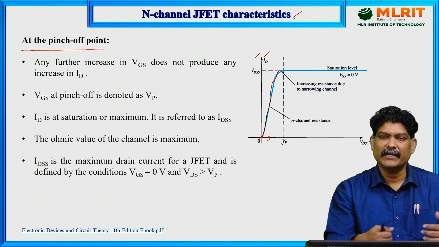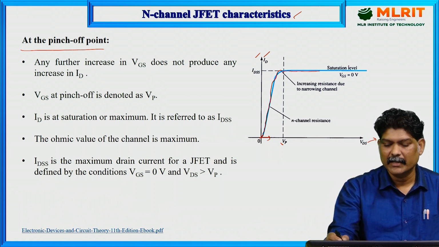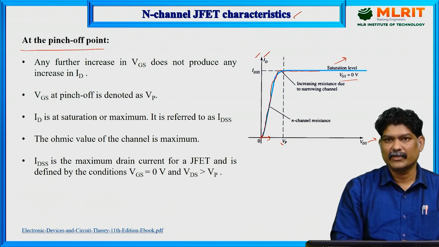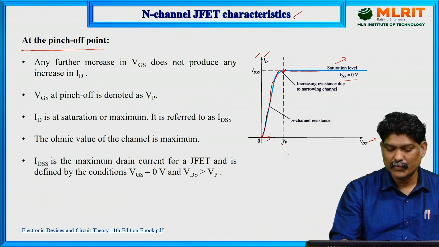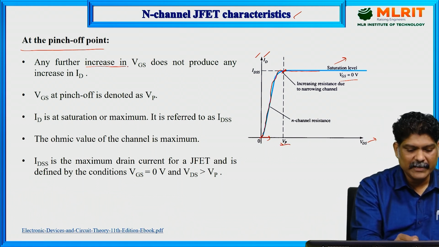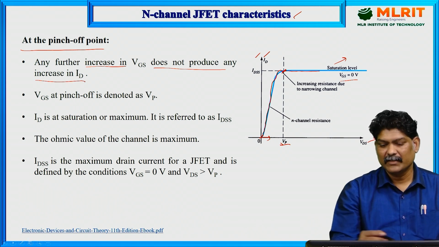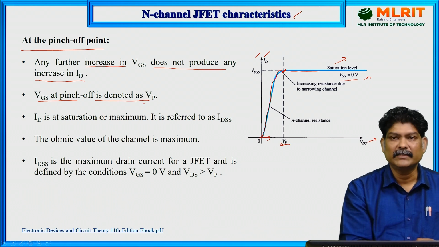When pinch off condition occurs, the ID current is constant. ID current reaches saturation level when VGS is equal to 0 volts. Now at that point the corresponding drain to source voltage is nothing but VP, pinch off voltage. Any further increase in VDS does not produce any increase in ID. And VGS at pinch off is denoted as VP.